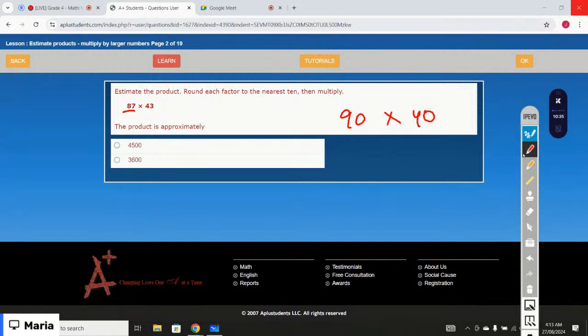So which is the correct option? 9 times 4 is 36, right? Multiply the non-zero numbers. And then add, you have 1 zero here, 1 zero here. So the answer must have two zeros.